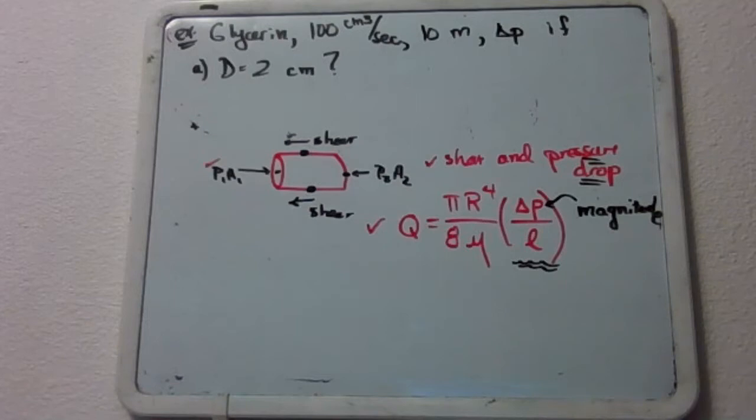Does anyone know if that says 100 centimeters cubed per second? Yeah, that's what I have for 100 centimeters cubed. My question is, it says it's a 10-meter long pipe, and they want us to find the pressure at 2 centimeters.